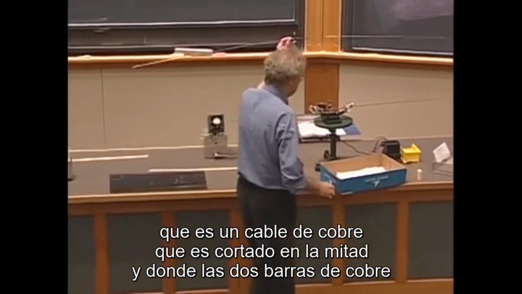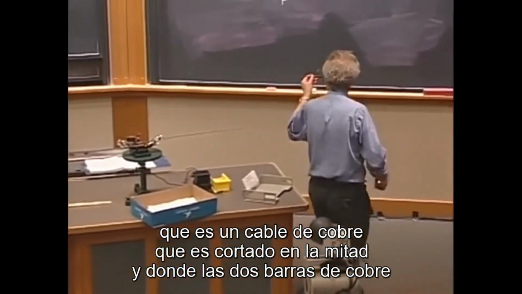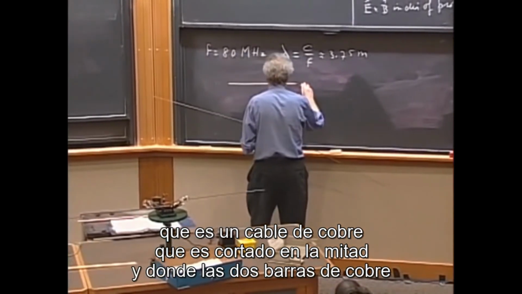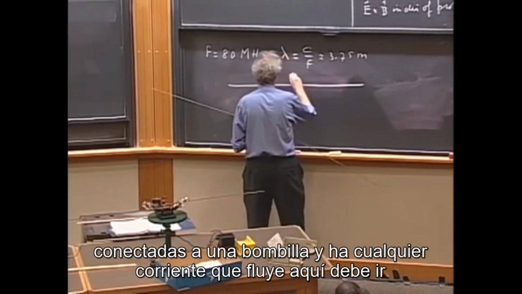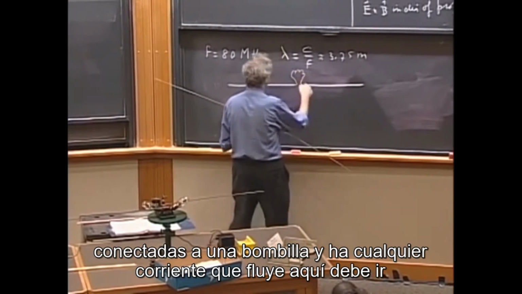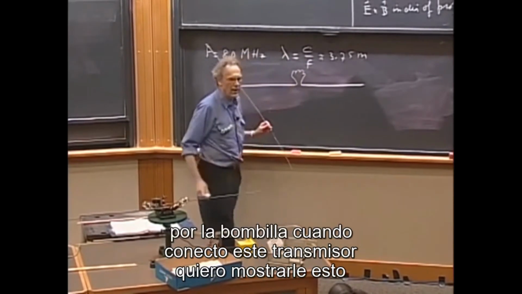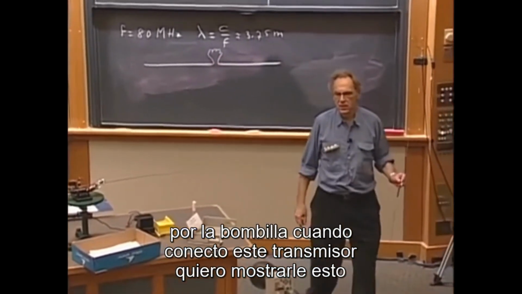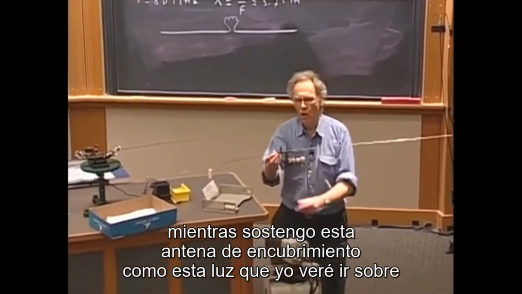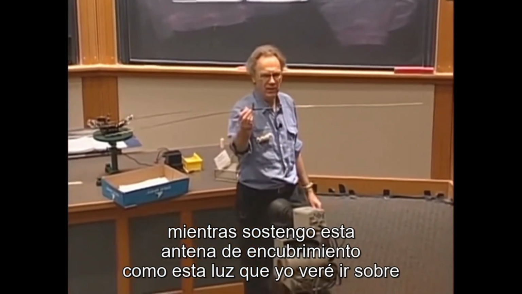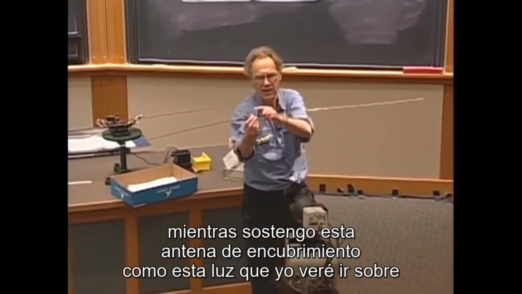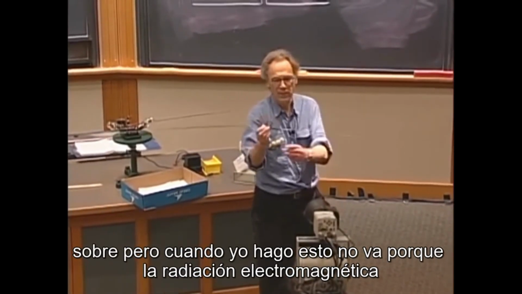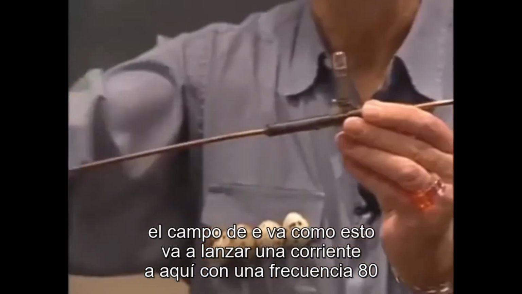And here I have a receiving antenna, which is a copper wire cut in half, and where the two copper rods connect, there is a light bulb. So any current that flows in here must go through the light bulb. When I turn on this transmitter, as long as I hold this receiving antenna like this, I will see this light go on, but when I do this, I won't.